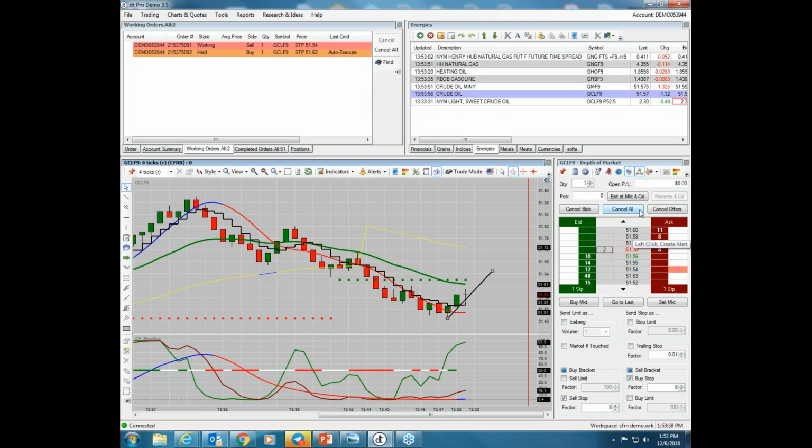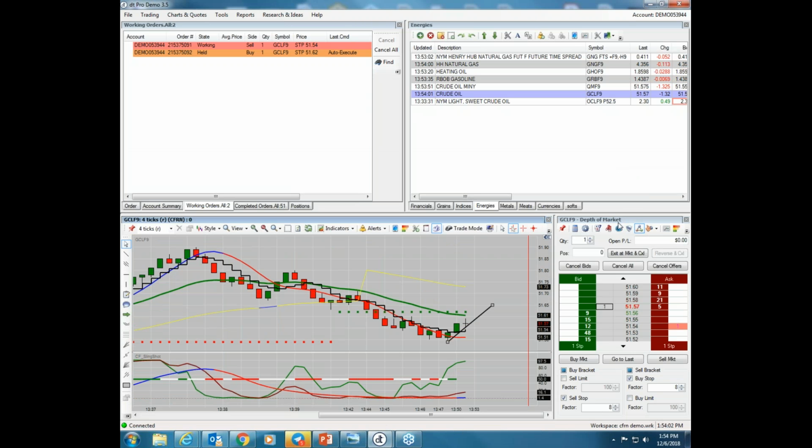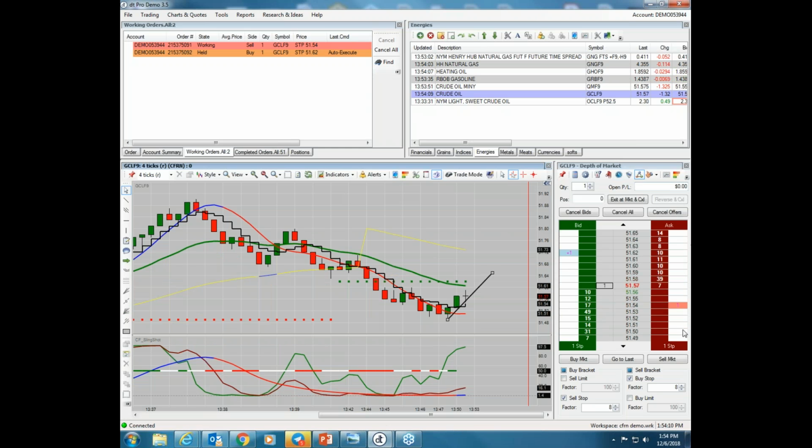Is it this one? Hold on, I don't want to screw that up here. You can put a sell stop limit in, yes. And if this gets filled, the stop is automatically going to be placed right behind it.